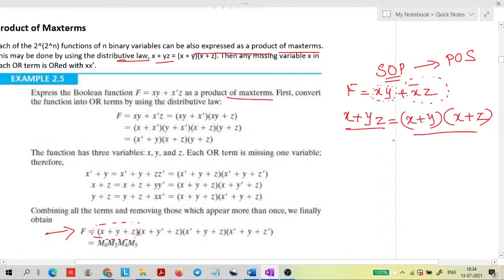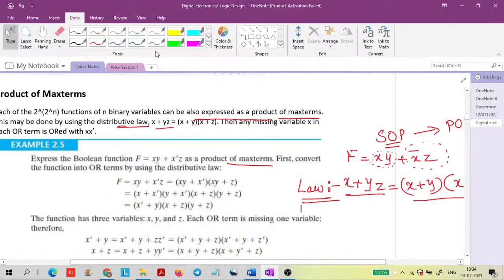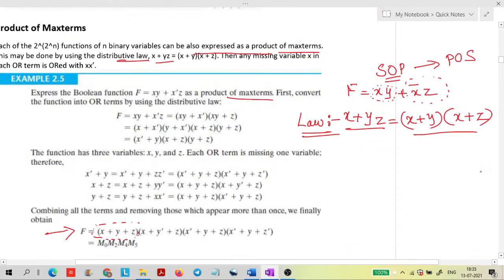This is the distributive law. So with respect to this, the function f is equal to xy plus x bar z, and we can write this as xy plus x bar.